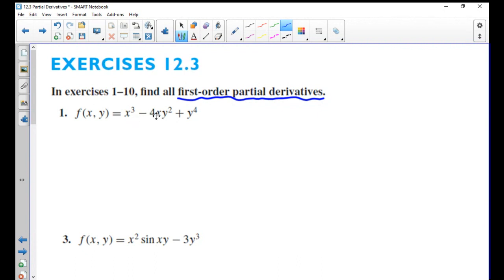Yes, this minus 4x is a constant. Remember, when you have a constant and then you multiply it, for example, by y squared, if you want to differentiate this, then the 2 comes down, the constant is still there, multiplied by y. So you should not remove the constant, which is the minus 4x. It should be there.